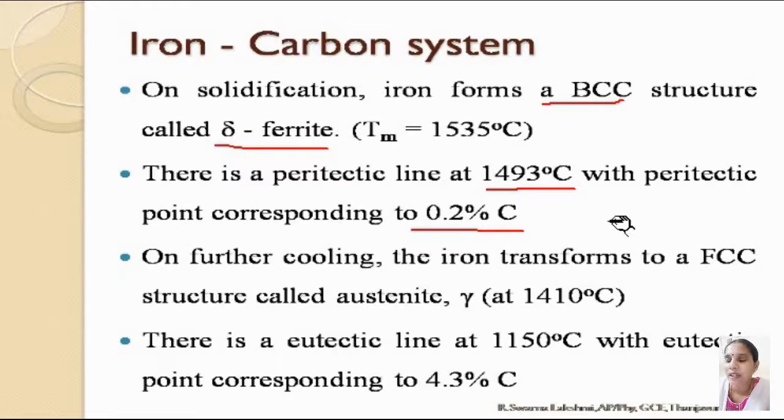Recall that peritectic reaction is where a combination of liquid and delta phase transforms into an austenite phase. On further cooling, pure iron transforms to FCC structure called austenite or gamma phase. This happens at 1410 degrees Celsius.